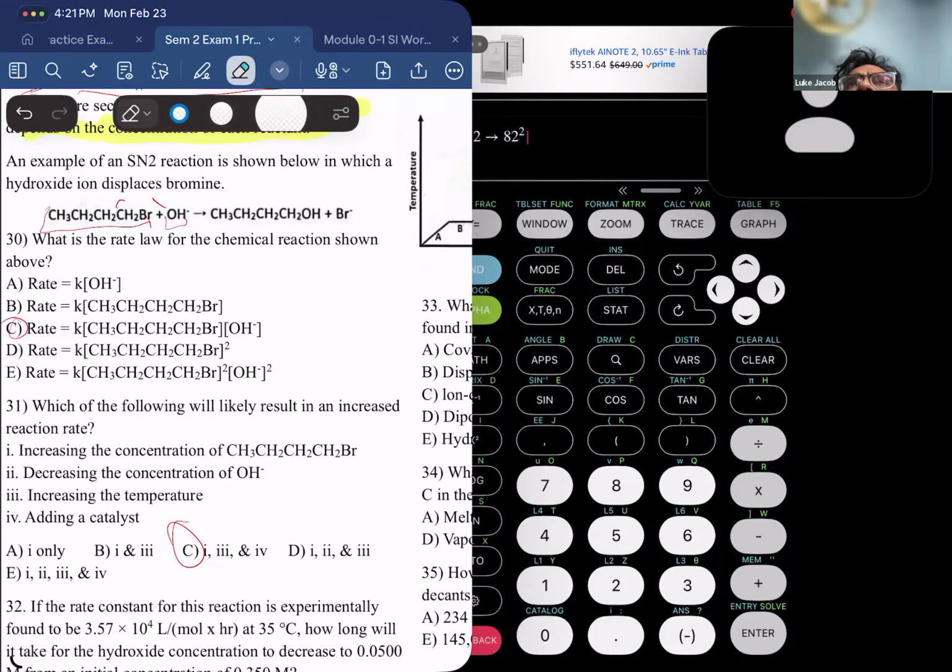And they talked about one other thing that I forgot. Oh, catalyst. Yeah, catalyst. But the way I think about increasing reaction rate is I think about collision theory. Collision theory, like we talked about in module 3, is when reactants with sufficient energy and proper orientation react.